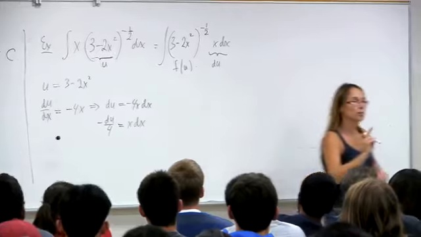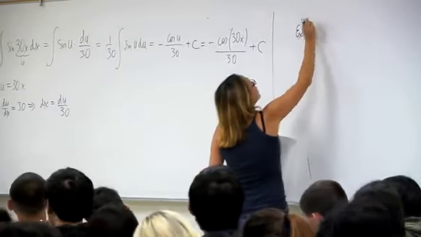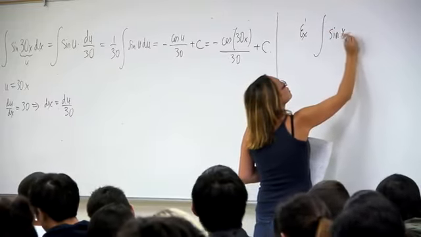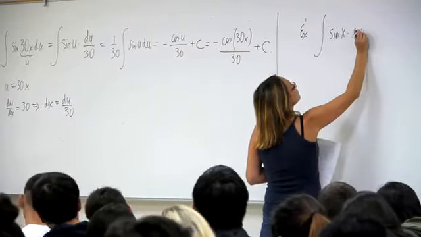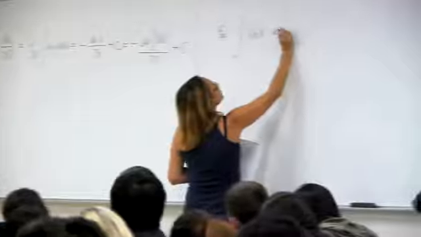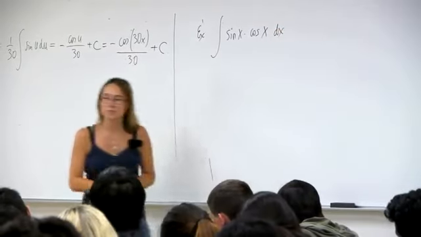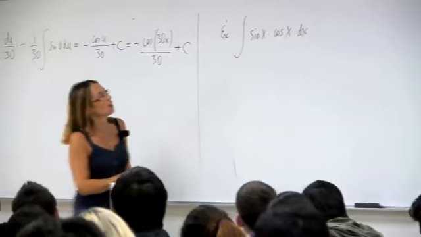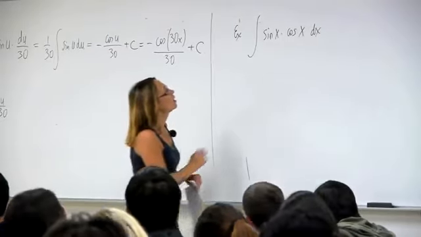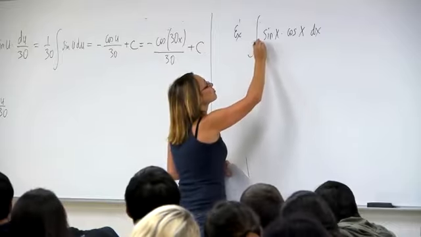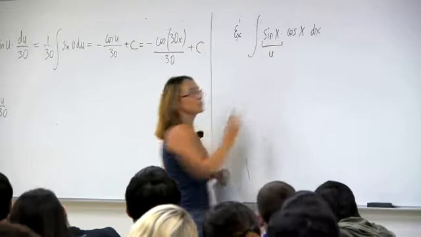Let me give you another example which will make it more clear. Let's do this one. Sine x cos x dx. Okay? So let me make my new variable to be this whole thing.